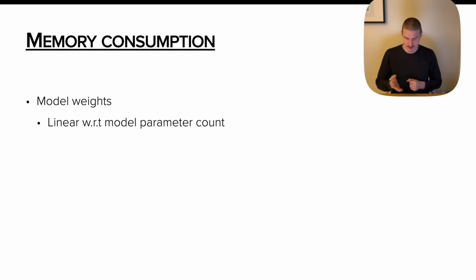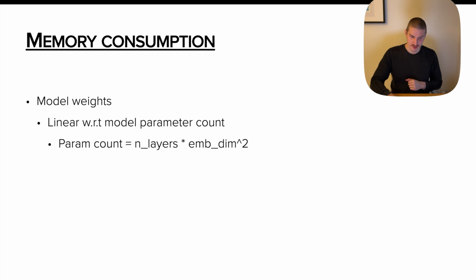Finally, I wanted to say a couple of words about how these tensors contribute to memory consumption, because that will be important later. So we have two main sources. That's model weights, and the consumption of memory is linear with respect to parameter count. And param count is usually a multiplication of the number of layers times embedding dimensions squared.